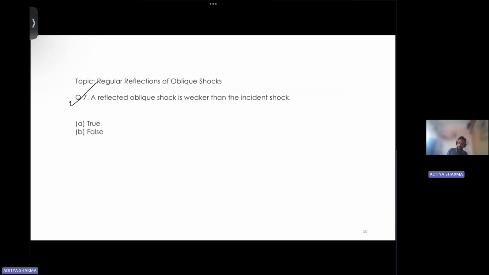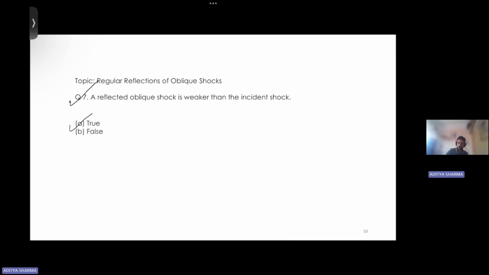So this is the expression. The question says that the Mach is less for the reflected oblique shock, so it is weaker than the incident shock, right?